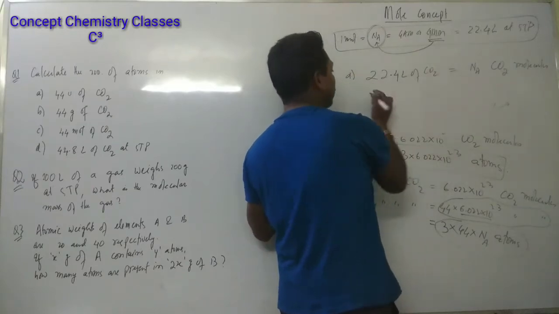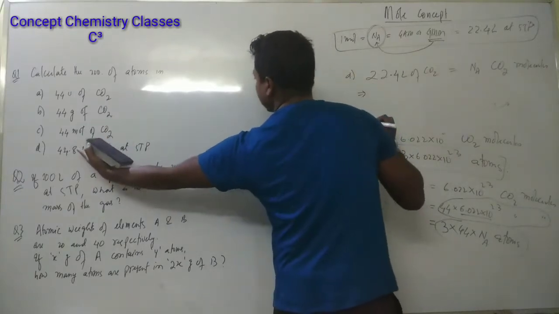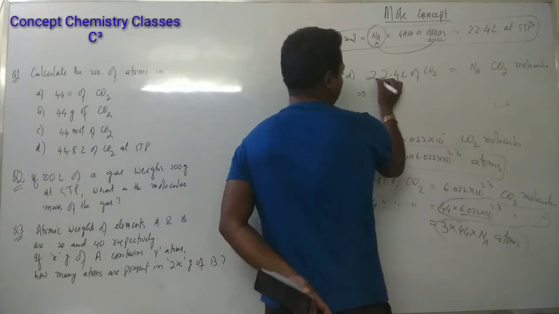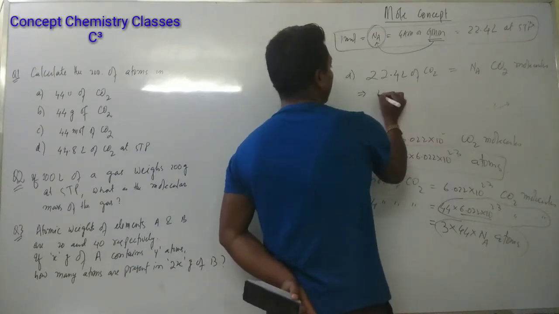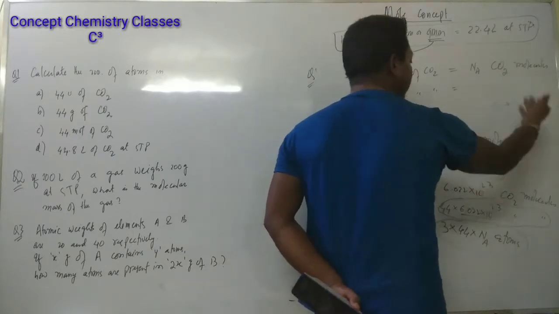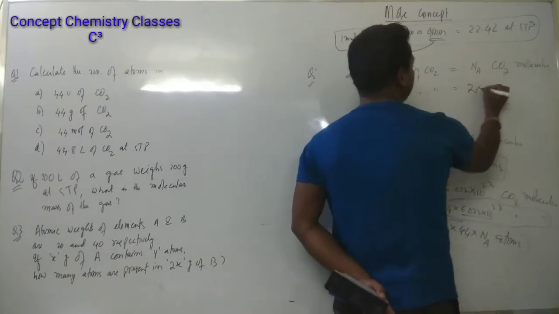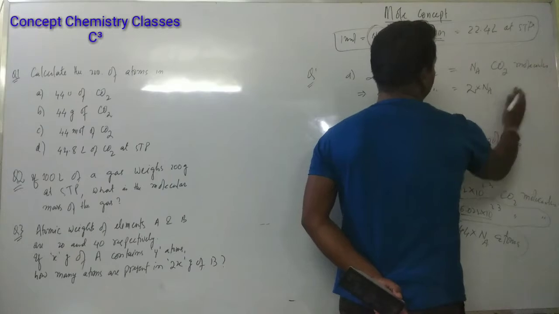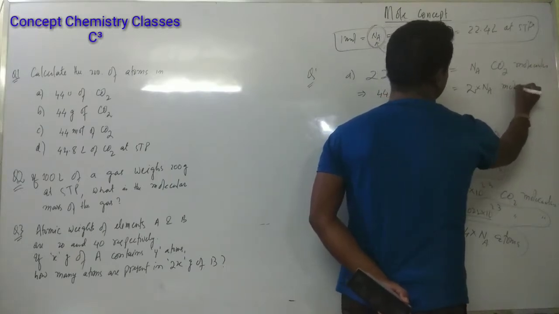Let us calculate for 44.8 liters. Now this is multiplied by 2. 44.8 liters of carbon dioxide will have 2 into Na carbon dioxide molecules.